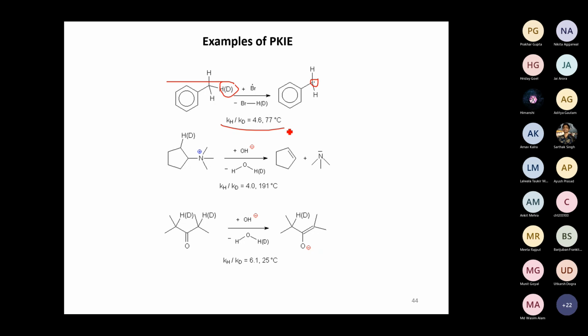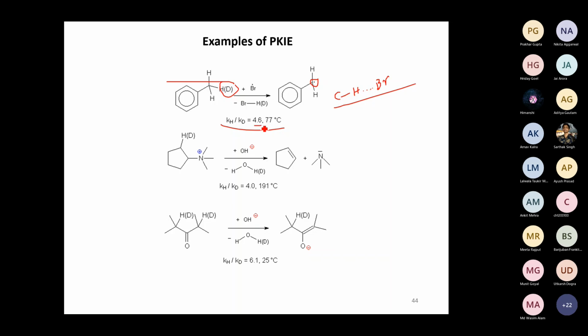What will be the possible transition state in the rate determining step? It looks like this kind of transition state, H and Br, and you can see it is close to 5, so it is very close to a linear transition state. It is also telling that the C-H or C-D bond is broken in the rate determining step because it has 4.6.